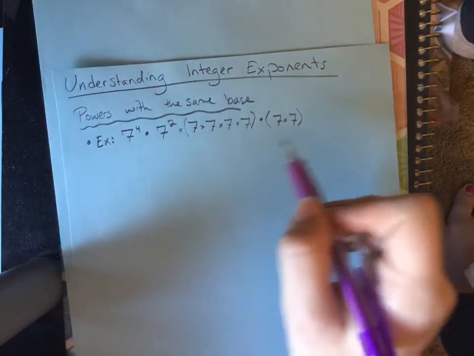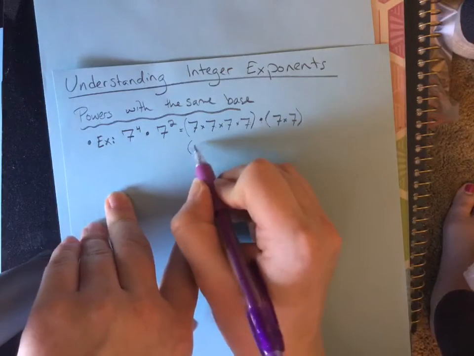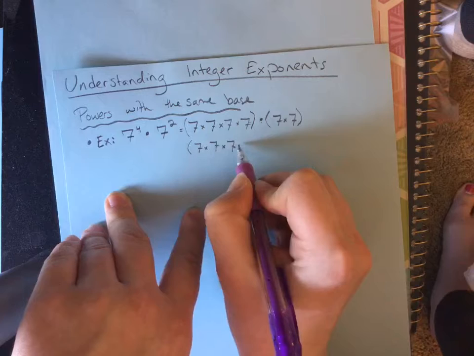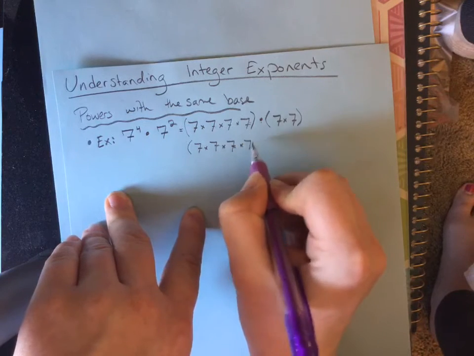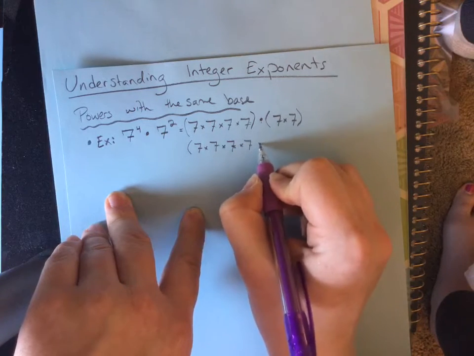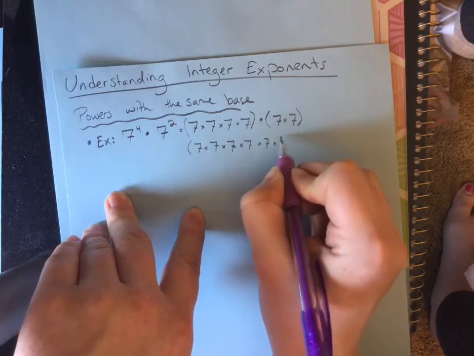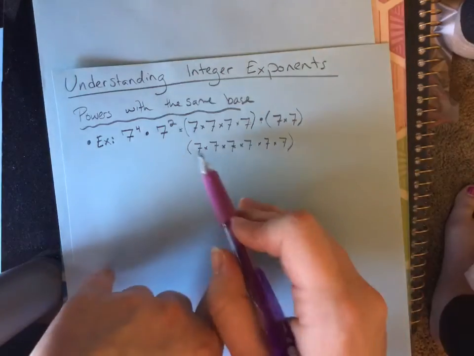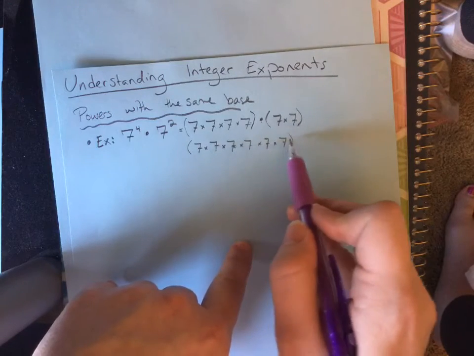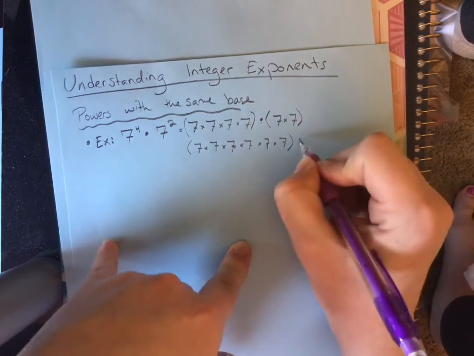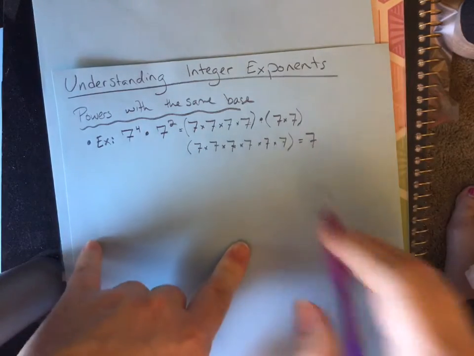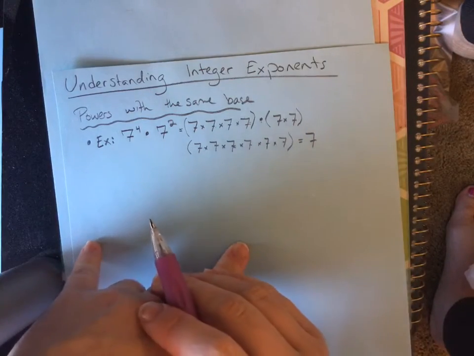And we can just rewrite this as all of those 7s multiplied together with no separation in the middle. Now, how many 7s do I have? 1, 2, 3, 4, 5, 6. So our answer is 7 multiplied by itself 6 times.